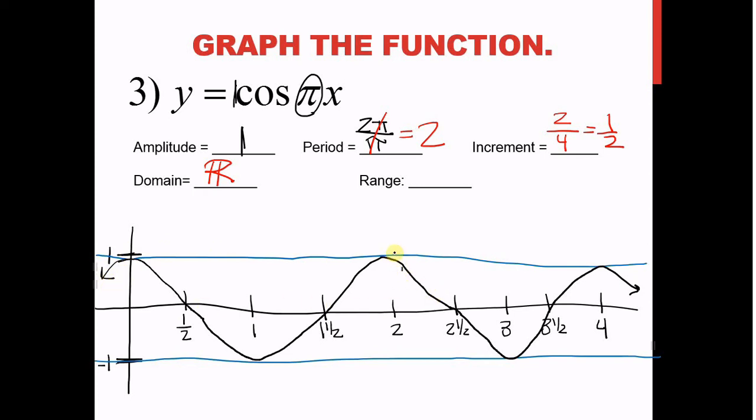Notice at 2, it's going down again, just like we started. And at 4, it would start going down again. They should always mirror each other. You should be able to take a piece from 0 to 2 and move it from 2 to 4, and it should look exactly the same. That's what's so cool about trig functions and why they're so easy to graph.